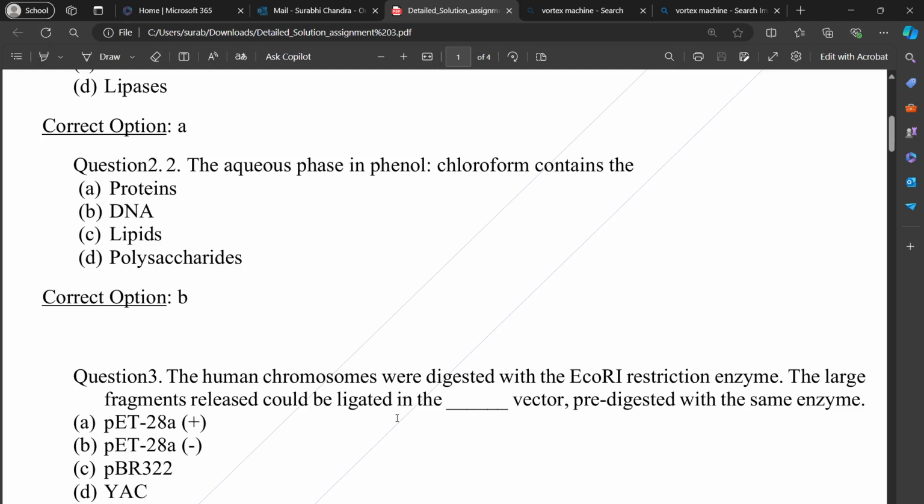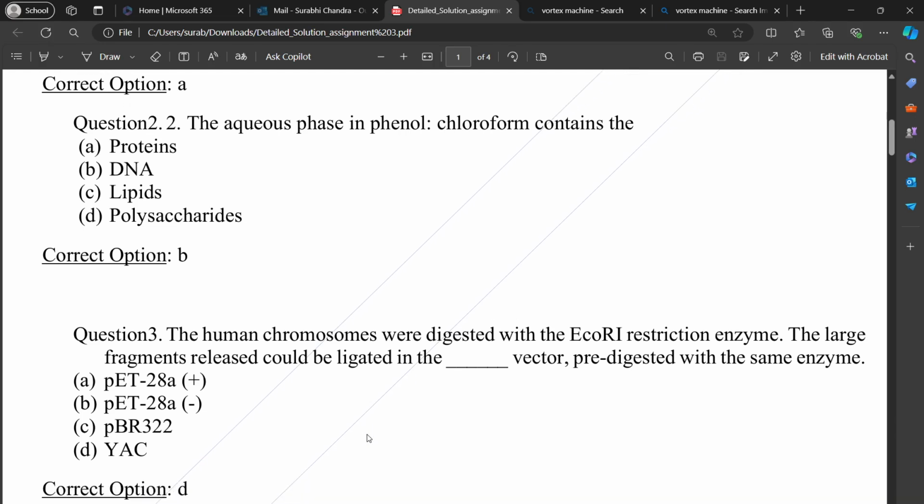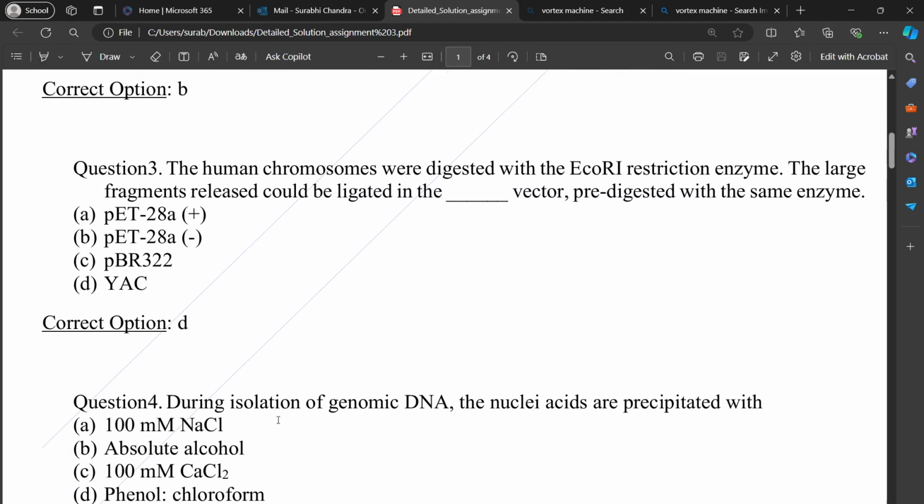So we looked at the carrying capacity of certain vectors, right? The highest one was, does anyone remember? Yes, yeast artificial chromosome, option D. Anyways, during isolation of genomic DNA, the nucleic acids are precipitated with what might be the thing?